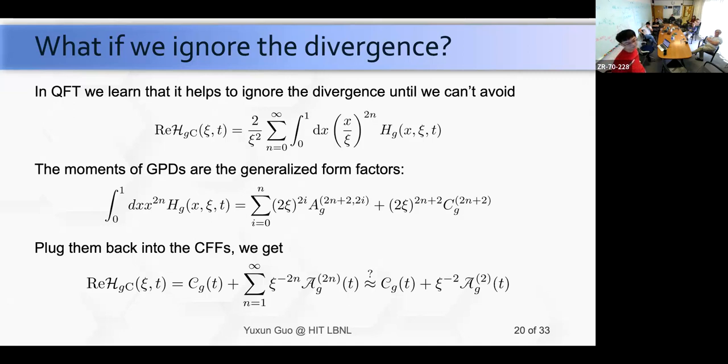Just plug all of them back into the real part of the Compton form factors, and you will see this expression. Again, up to this part, everything is exact. There's nothing that we've done wrong, and you will see that it's still a divergent series because this is less than 1. So if you sum over to very high orders, this term is going to be infinite. So this is still a divergent series.